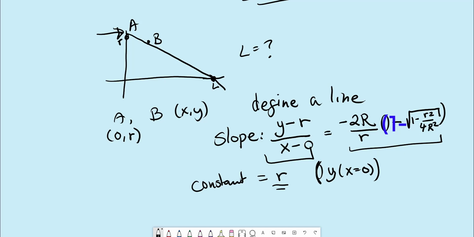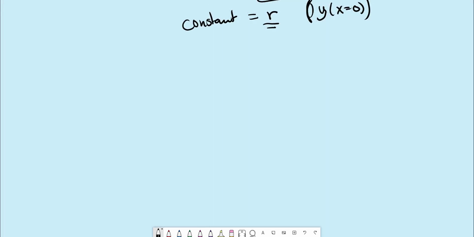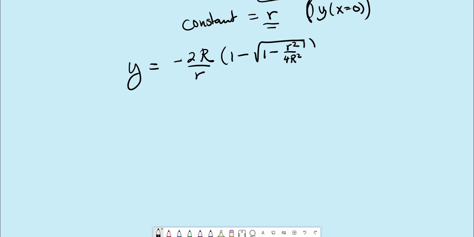So our constant is r, our slope is this slope, and so we can write out that y equals minus 2R over lowercase r, times 1 minus the square root of 1 minus r squared divided by 4 uppercase R squared, times x, plus lowercase r.